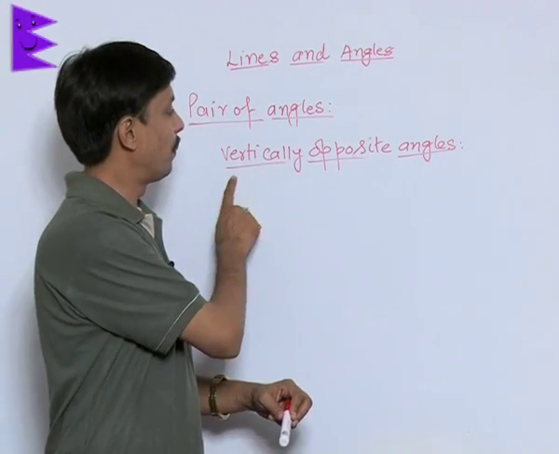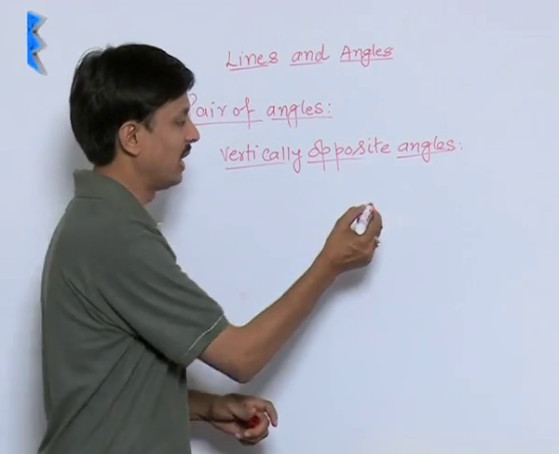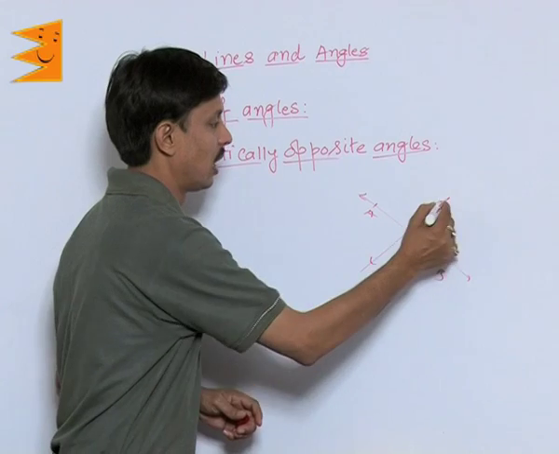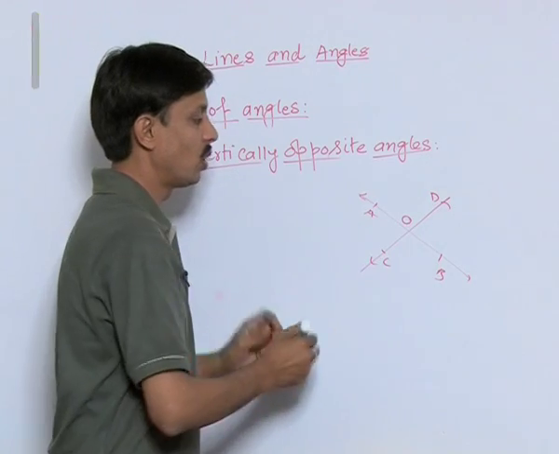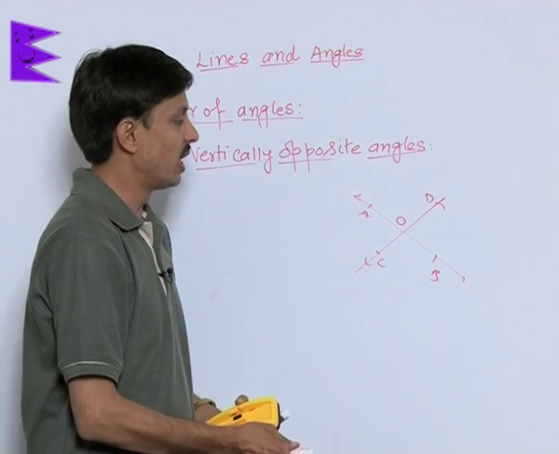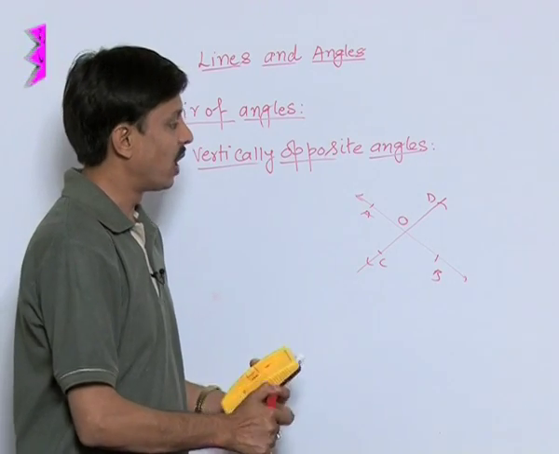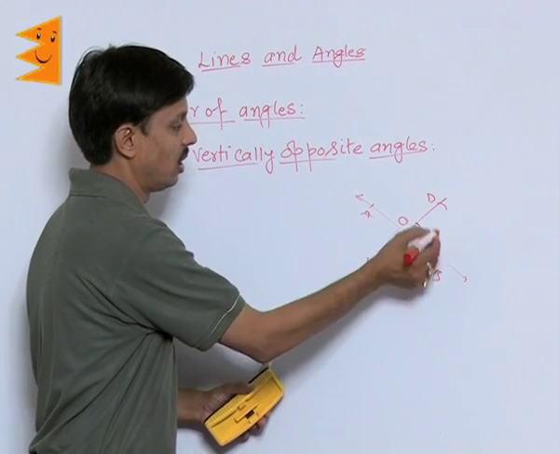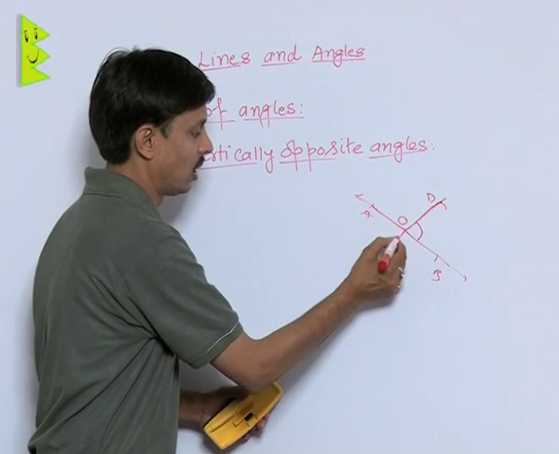Now, what is the pair of vertically opposite angles? If in a plane two lines intersect, this is AB and this line is CD. Suppose these lines intersect at a point O. If two lines in a plane intersect, then there are some pairs of angles. So for this, this is the angle DOB, this is the angle AOC.